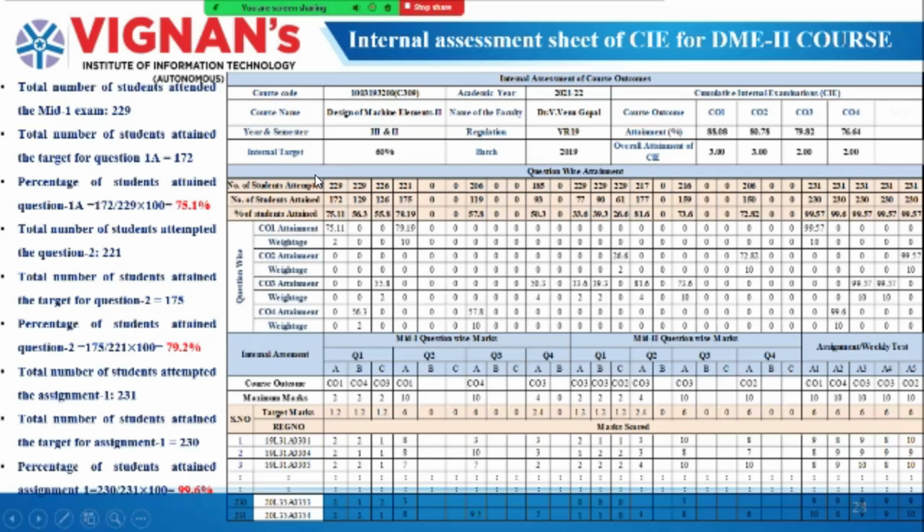question 1 will come from unit 3 second part, unit 4 and unit 5. Here question 2 will come from unit 3 second portion, question 3 from unit 4 and question 4 from unit 5.